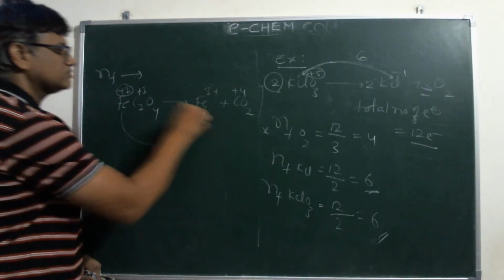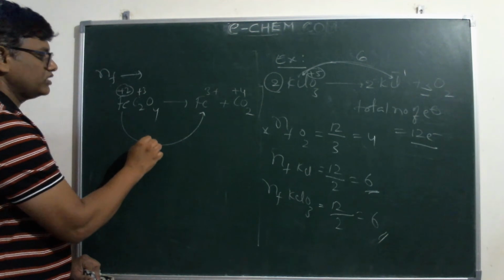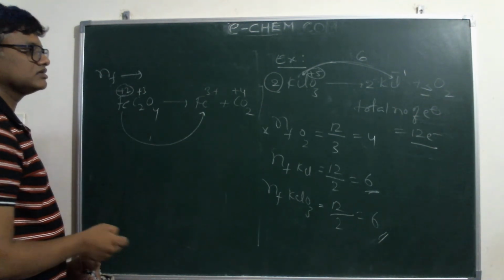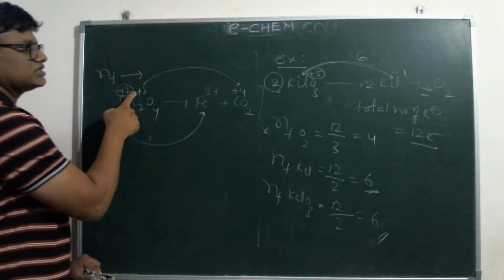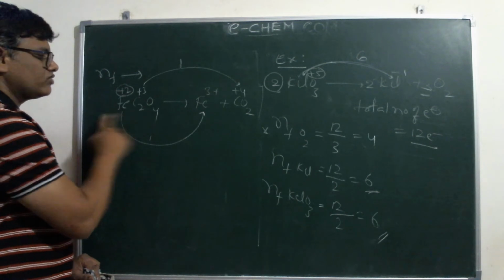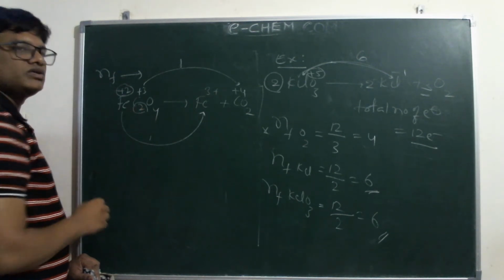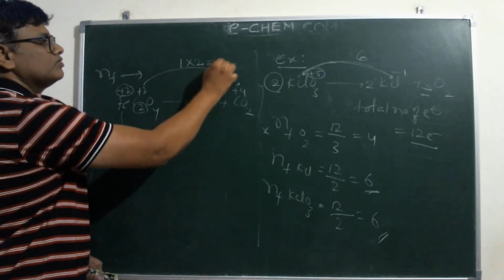Look at this change of oxidation state for iron, +2 to +3, that is 1 unit for 1 mole of the compound. Change of oxidation state for the carbon from +3 to +4, so 1 unit for 1 carbon, but 1 mole of the compound is having 2 moles of carbon, so you have to multiply by 2, that is equal to 2.